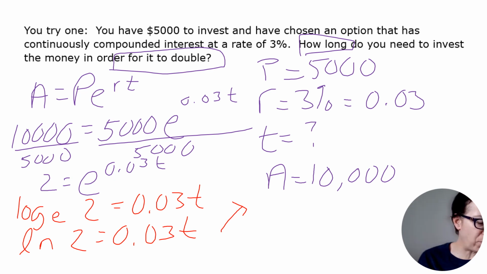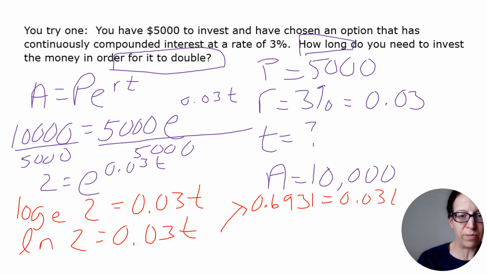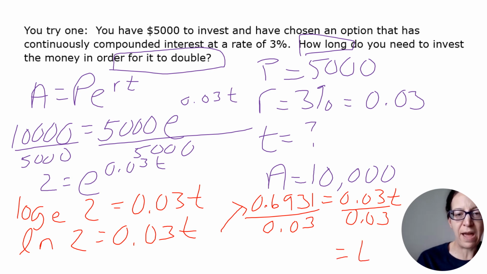0.6931 is equal to 0.03t. And then I will divide by the 0.03 and find out how long I need to keep my money in that bank account in order to double it.